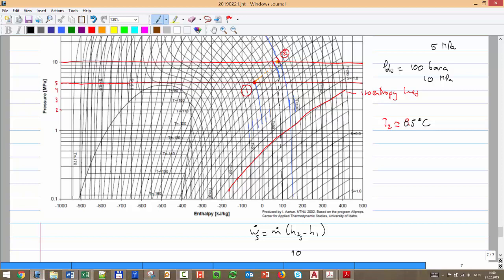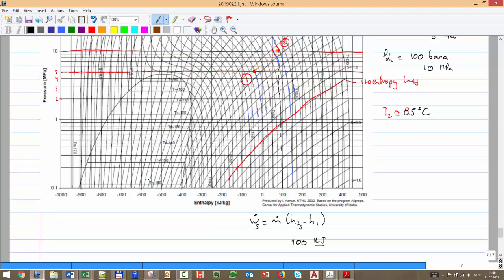H2s is 100 kilojoule per kilogram, minus H1, how much was that? Around 25.